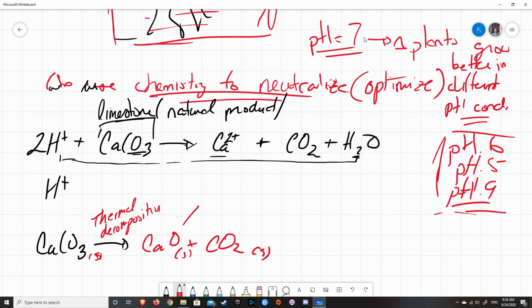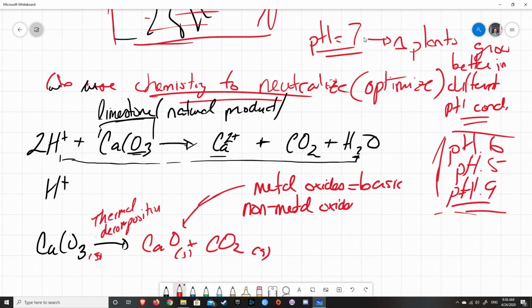And then we can use this. This is what we're going to do in the next lesson: we're going to see that metal oxides are basic, and non-metal oxides are acidic. So we're going to see that next lesson.